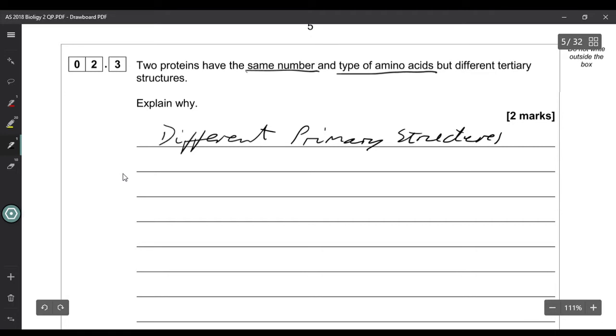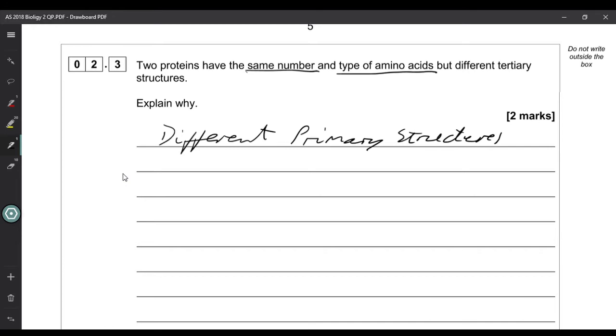and because they're going to have different primary structures, then the amino acids that can be involved in hydrogen bonding or ionic bonds are going to be in different places. So that means that the ionic bonds and the hydrogen bonds will be in different places in the protein. So they're going to be further along or more closely together than another protein with the same amino acid content, but those amino acids are in a different order.